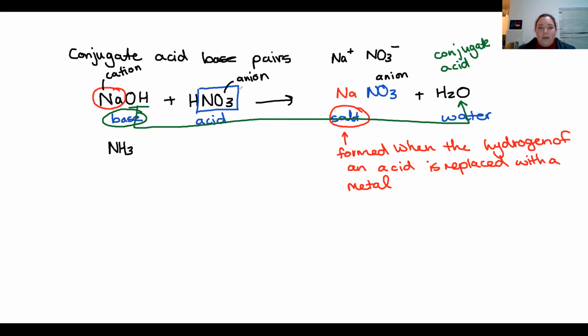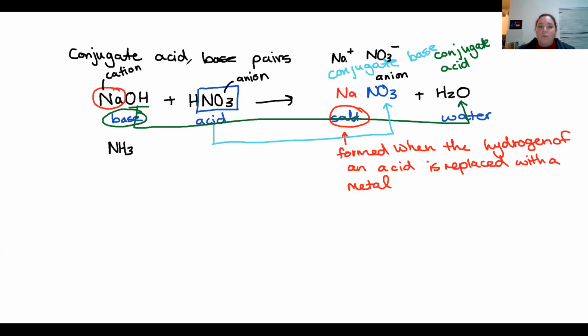When the acid acts as an acid and loses a proton, we're left with the NO3-, which makes this my conjugate base. Okay, so the acid acting as an acid produces a conjugate base, and the base produces a conjugate acid.